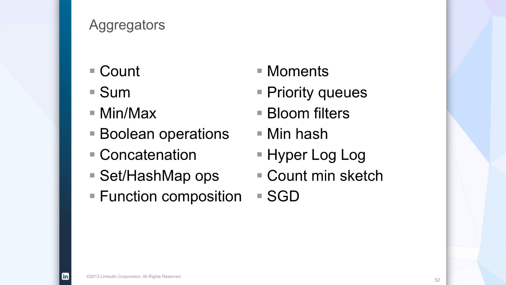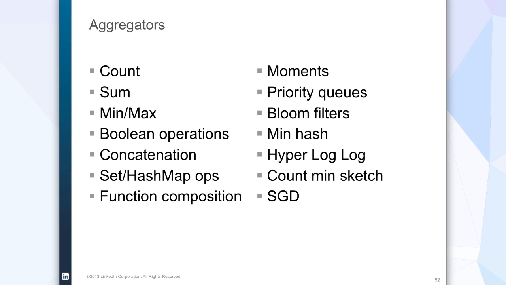MinHash is this very cool technique, kind of reducing a set to a single or several hash functions. And one of its uses is to do LSH, locality-sensitive hashing. So basically, we can reduce the dimensionality of stuff.